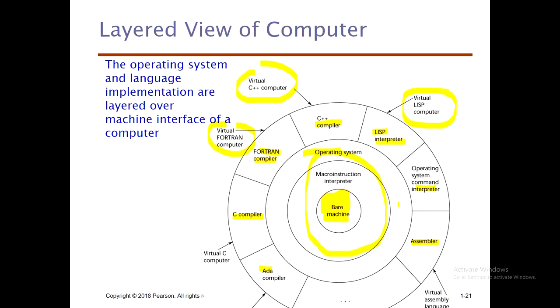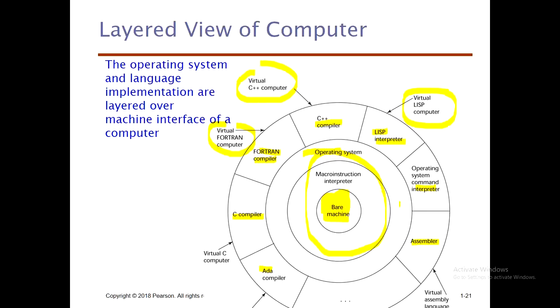operating system. Now this is the way that the von Neumann structure is depicting it, because assume all these programming languages are installed on your computer.